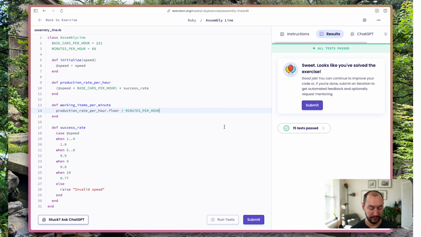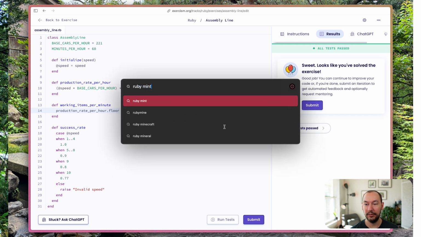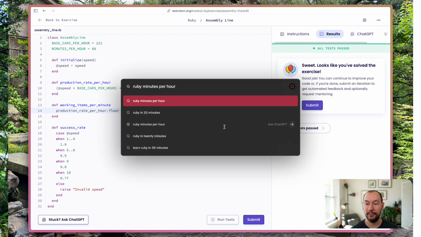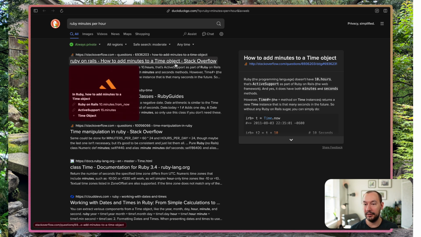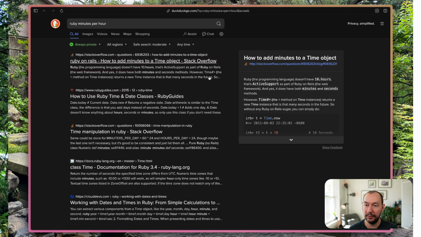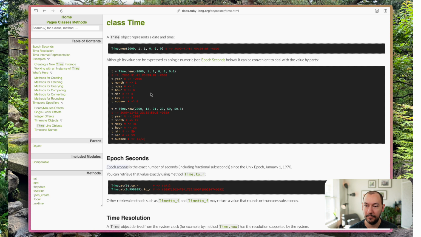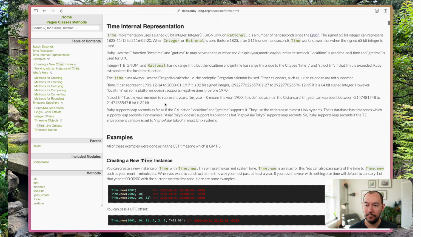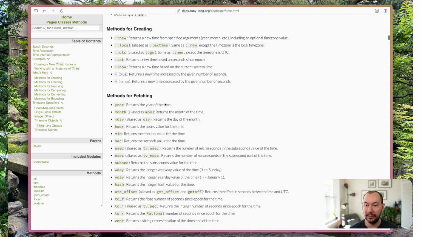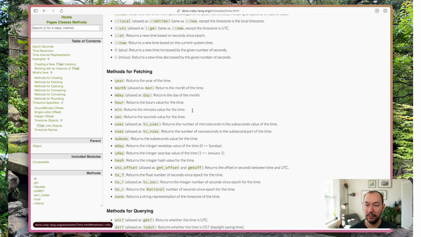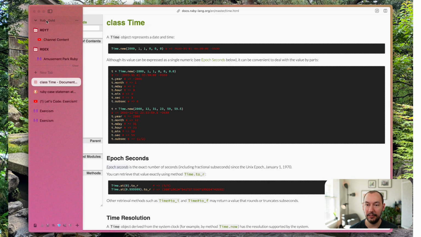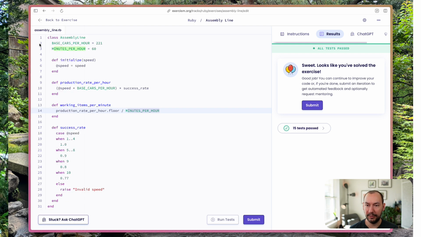There's probably a Ruby minutes per hour, there's probably a built-in, a basic way to use Ruby methods to get that without us defining a constant.